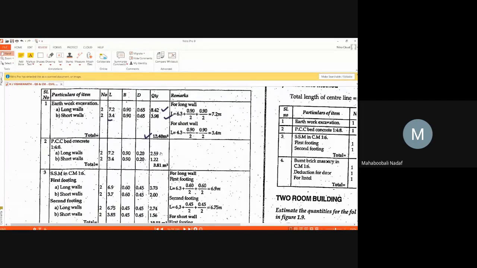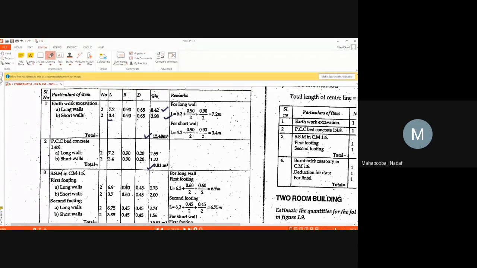So you will get 2.59. For the short wall quantity, 2 into 3.4 into 0.9 into 0.2, you will get 1.22. So you add these two, long wall quantity plus short wall quantity. You will get the PCC quantity as 3.81.